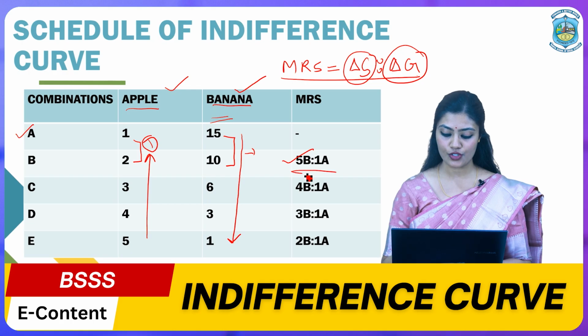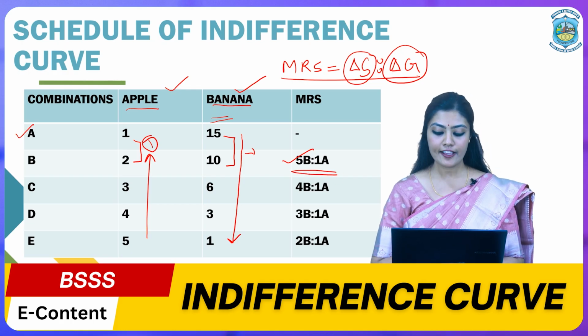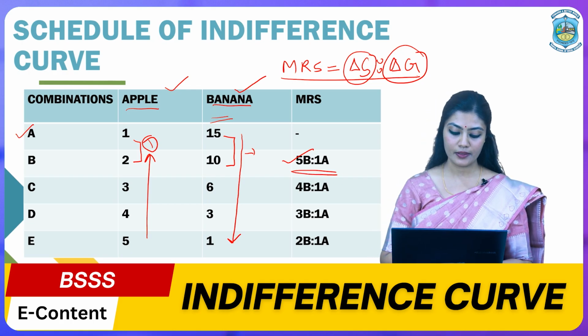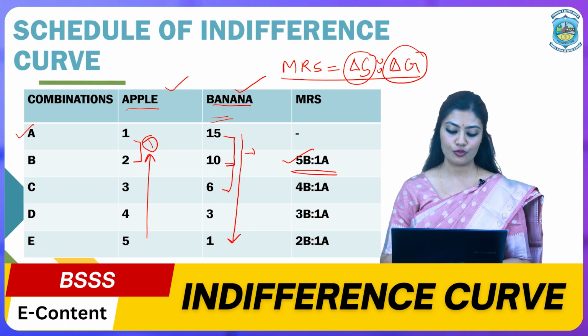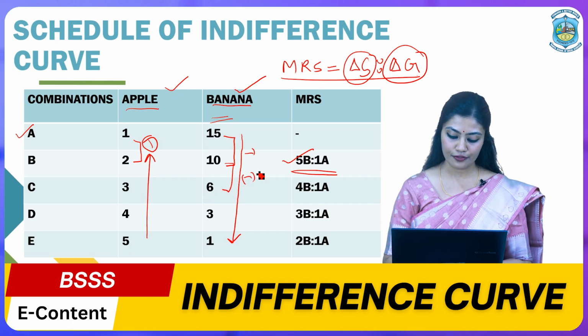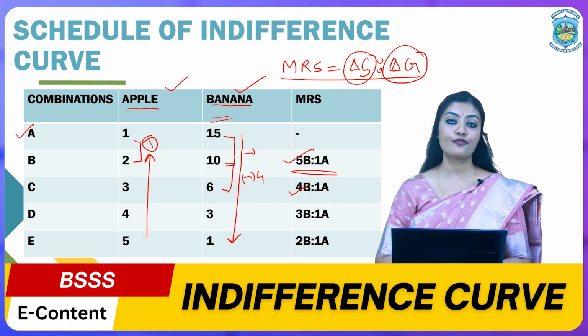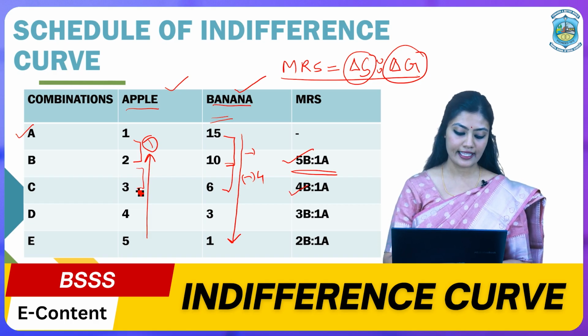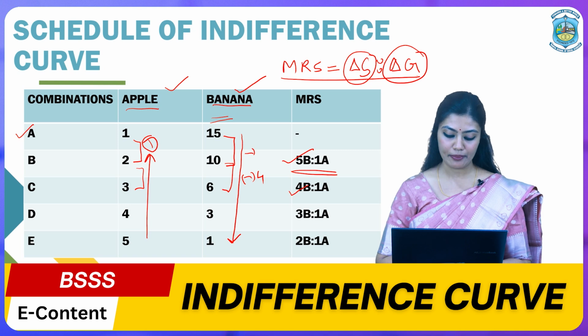And that has been written here, that is 5 banana to 1 apple. For combination C, from 10 to 6, which means that there is a difference of 4. A consumer is ready to sacrifice 4 bananas so that he can get an additional unit of apple.